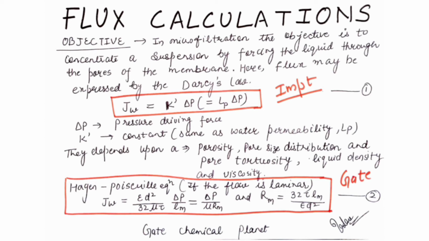It is a very important equation. JW equals K dash delta P, or it is also equal to LP delta P. What is the meaning of delta P here? Delta P is the pressure driving force. K dash is the constant, same as the water permeability, here capital LP.